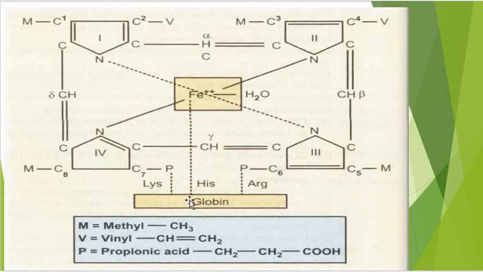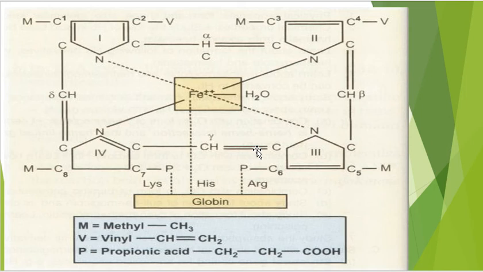The structure of the globin, the protein part of the hemoglobin, shows that it is composed of 4 polypeptide chains, 2 identical alpha chains and 2 identical beta chains. In normal adult hemoglobin, they are arranged in a tetrahedron manner. Each polypeptide chain contains a heme, and this is called the heme pocket.